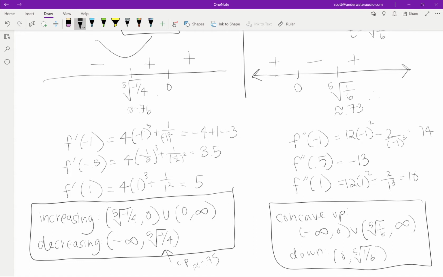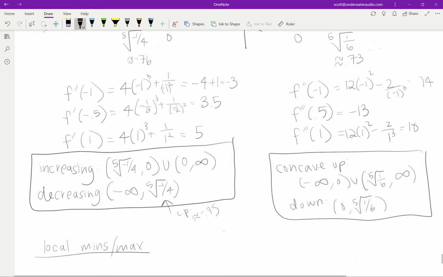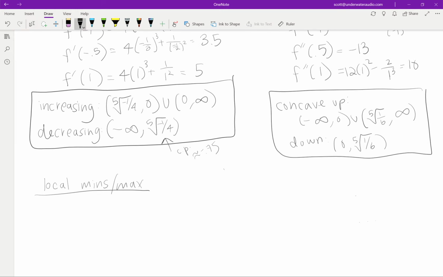So like that. So I know there's a local min at the fifth root of negative 1/4. That was my only critical point.